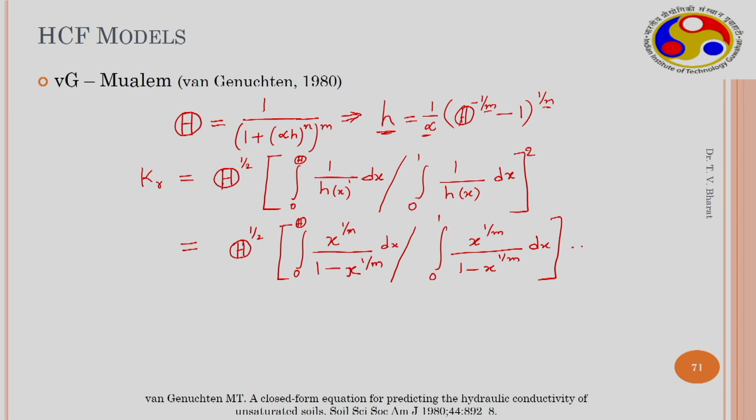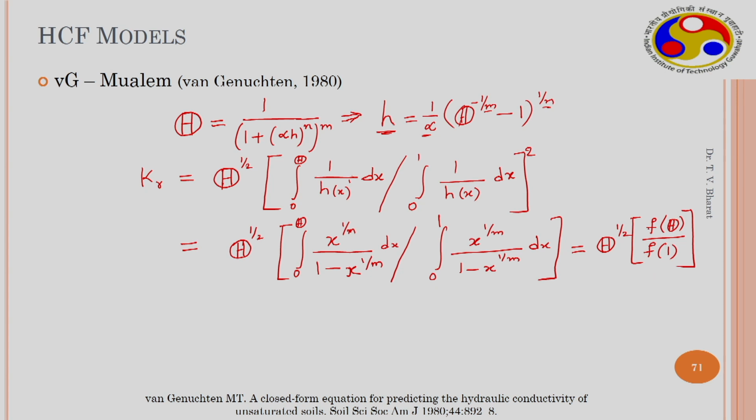So this can be simply written as theta power half, this is f of theta by f of 1, because it is the same expression, but the integration here goes from 0 to theta and the integration here goes from 0 to 1, that is the only difference.